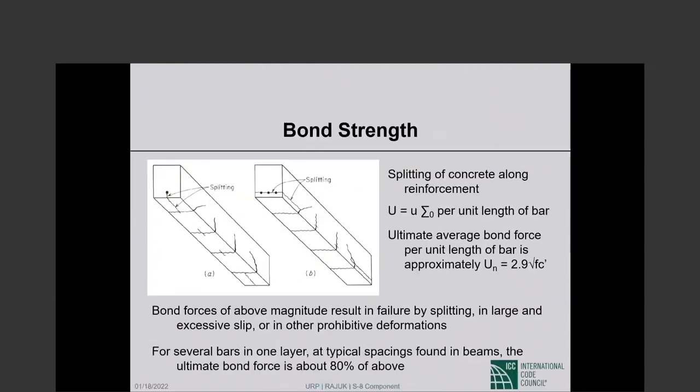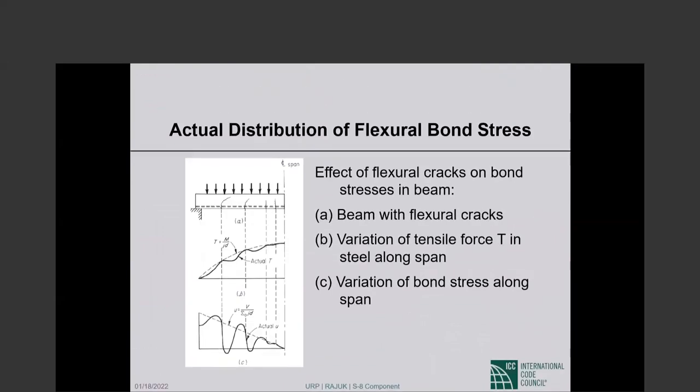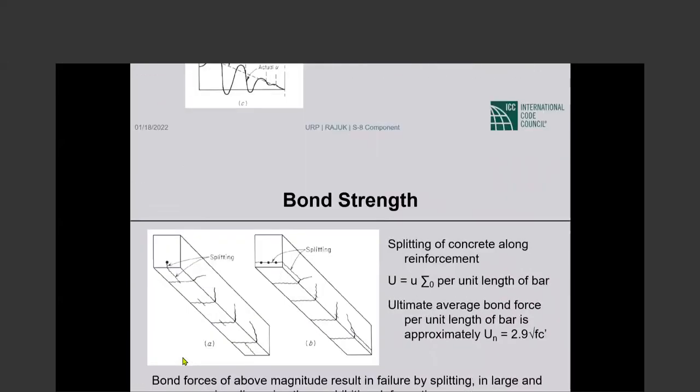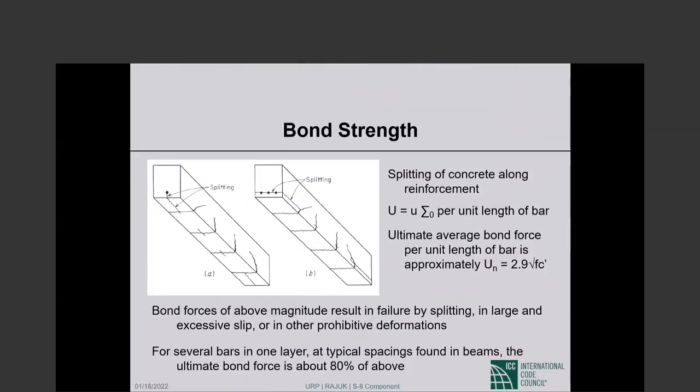Okay? Now, because of everything that we discussed, if the bond stresses become too high, then there is failure of bond, which will show in the form of splitting of concrete along reinforcement.